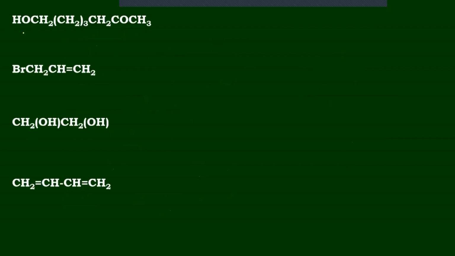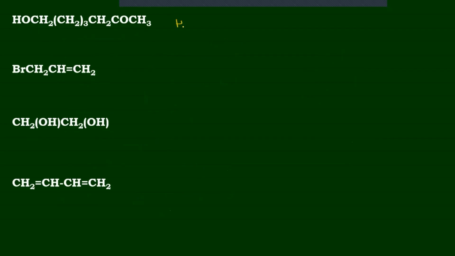Now coming to some more examples. If you observe this formula carefully, it's given in a condensed form. In condensed form you should never do naming. You have to first convert this into the structural form.